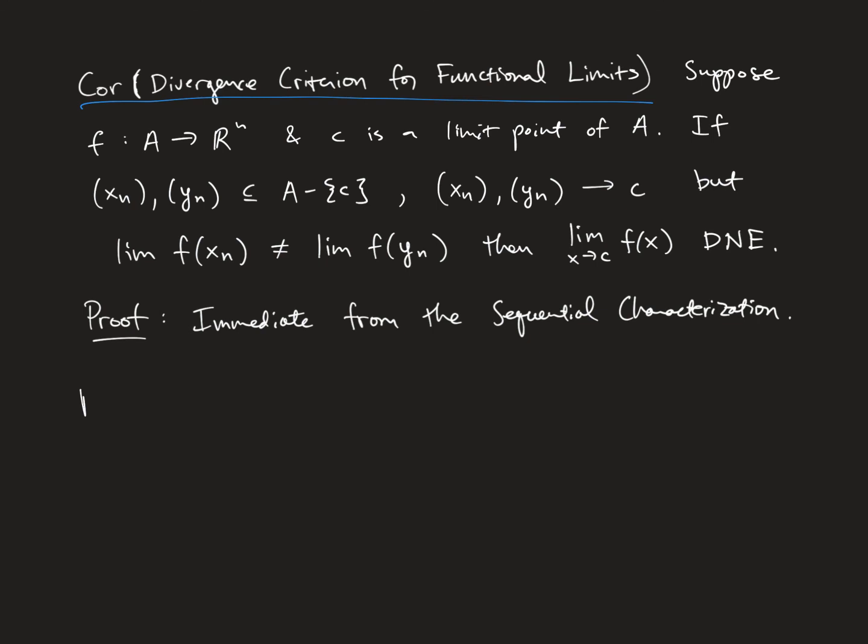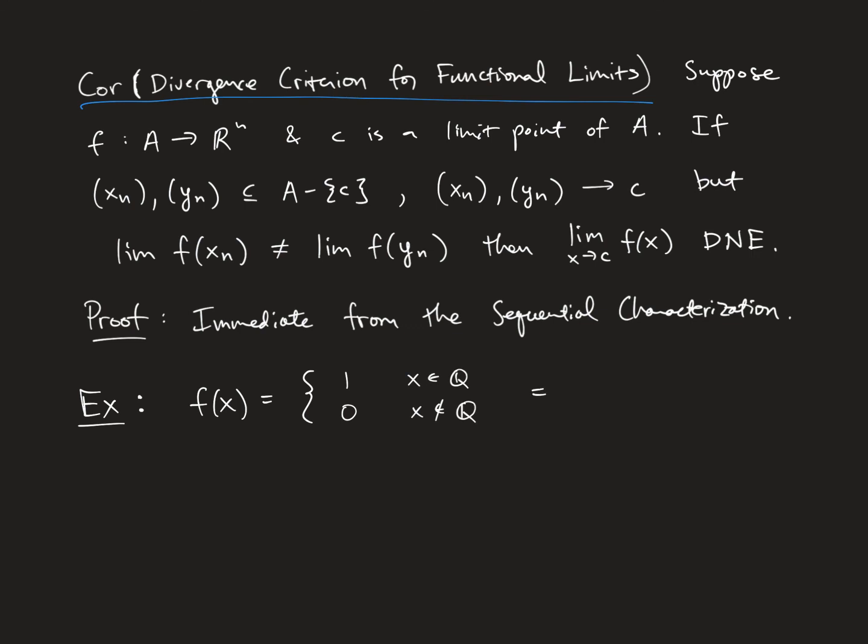So a couple of examples. So define the function f of x to be 1 if x is a rational number, and 0 if x is not a rational number.